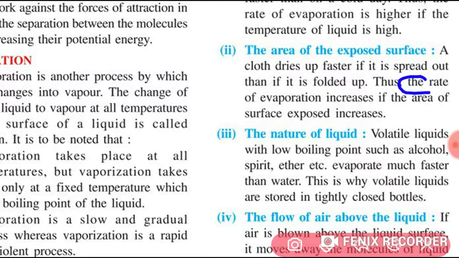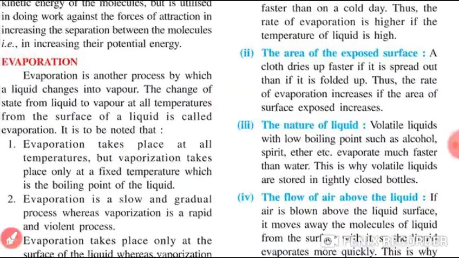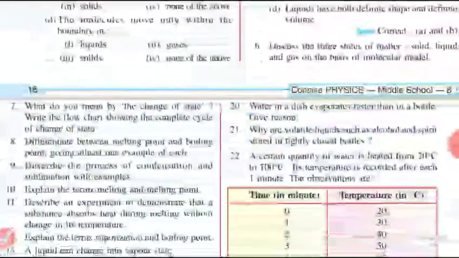Thus is written, but don't write this word thus. Start from the rate. The rate of evaporation increases if the area of surface exposed increases. Full stop. Then come to the question again, students, and write from the question.